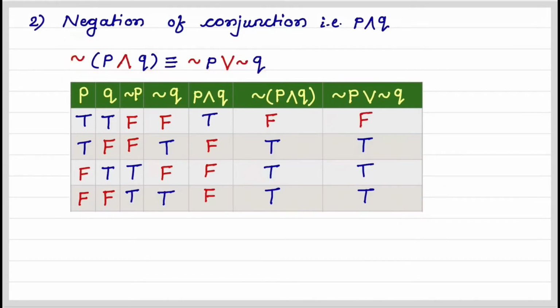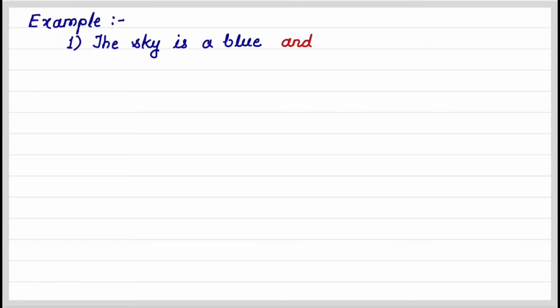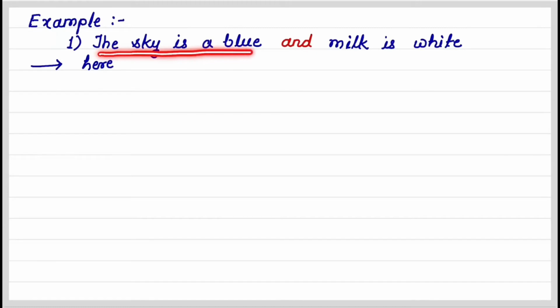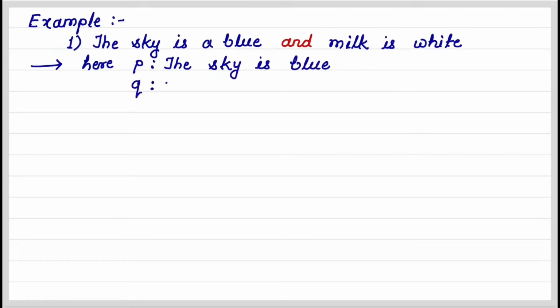To understand more, we will see some examples of negation of conjunction. First example, the sky is blue and milk is white. Here statement P is the sky is blue, and the second statement Q is milk is white.